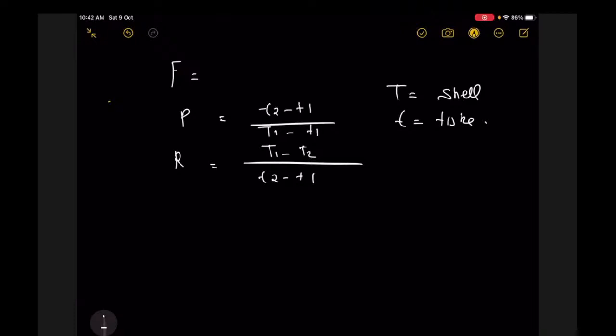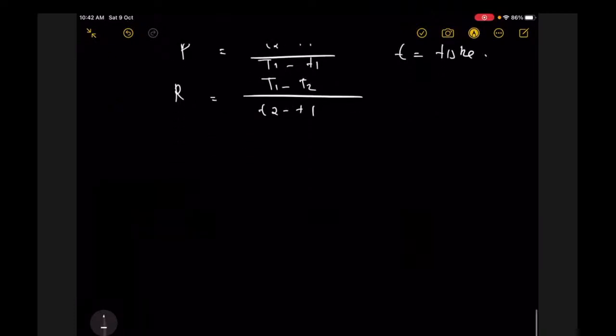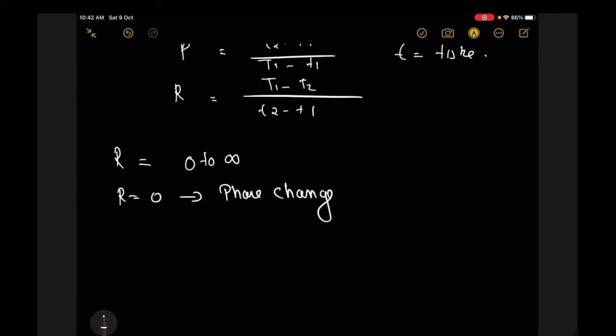Here there are limitations. What are the extreme points of P and R? The value of R ranges from 0 to infinity. If R equals 0, it means there is a phase change on the shell side. If R equals infinity, then there is a phase change on the tube side.